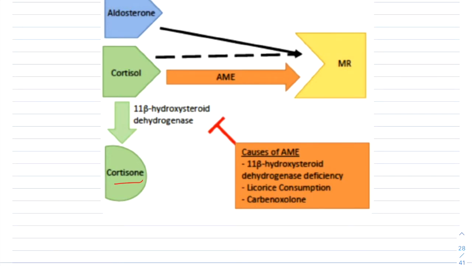But to avoid the excess mineralocorticoid effect of cortisol on the body, the enzyme 11-beta HSD type 2, that is this enzyme, converts the cortisol into cortisone. The cortisone doesn't have a mineralocorticoid action, and thus it prevents the excess sodium reabsorption. The excess sodium reabsorption doesn't occur if cortisone is produced.